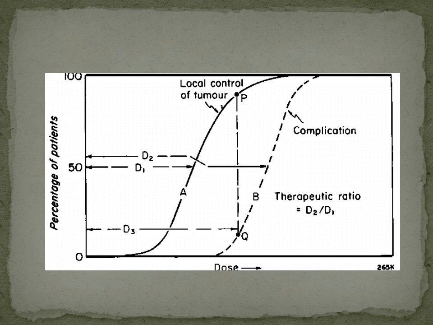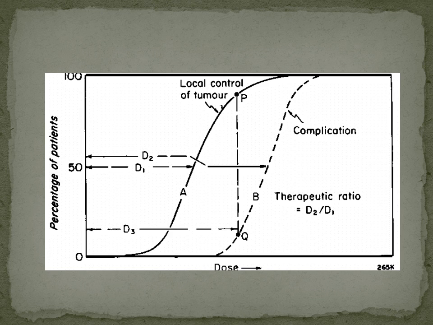The radiation oncology literature always has this diagram, and it's a diagram that shows the percent of the target versus dose that is cured or affected by the treatment. So at very low doses, hardly any effect.